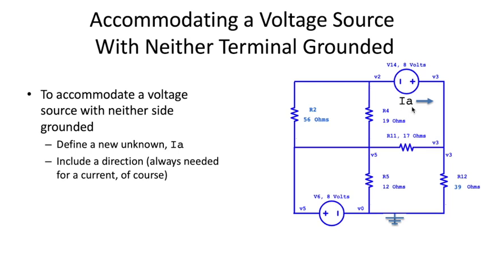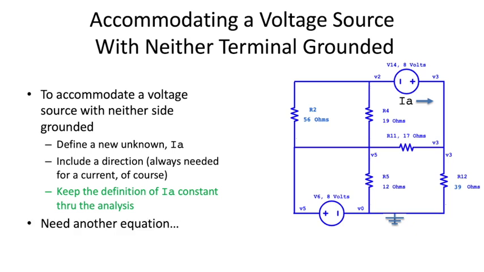Here I called it IA, and since it's a current, I gave it a direction, of course. We'll keep the direction of IA constant through the analysis. Now, since we added another unknown, that means we're going to need to add another equation.